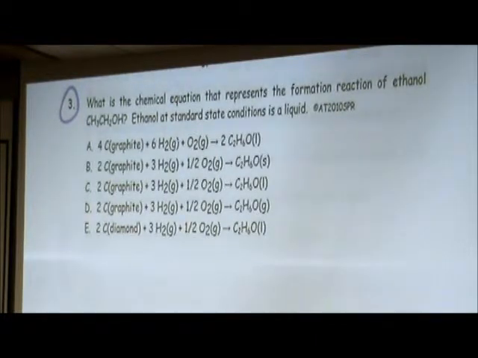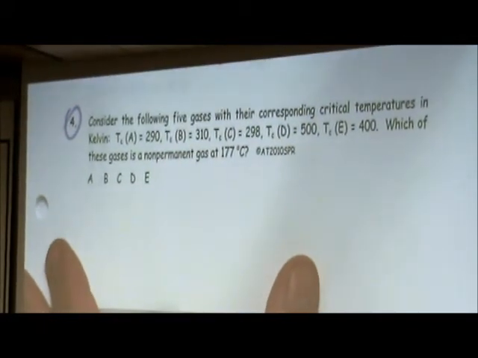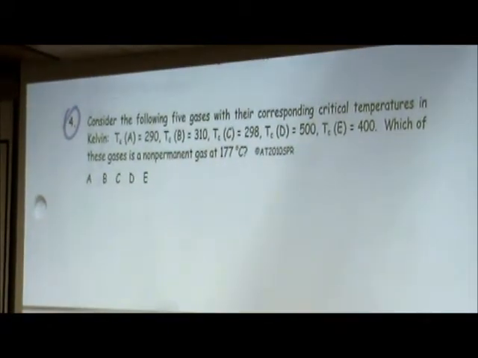So let's do this problem. Let's do problem 4. Try to do this problem, see if you can do it, and then we're going to try it together, right?